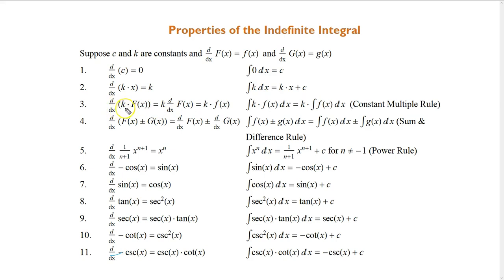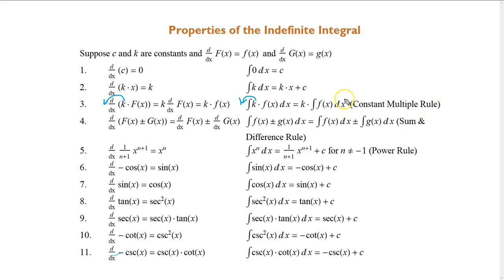Since the derivative of k times capital F is k times the derivative of capital F, in other words, you can move the k out in front of the derivative, you can do the same thing with the indefinite integral. You can move the k out in front of your integral symbol, so the indefinite integral of k times f is k times the indefinite integral of f, and that's called our constant multiple rule.